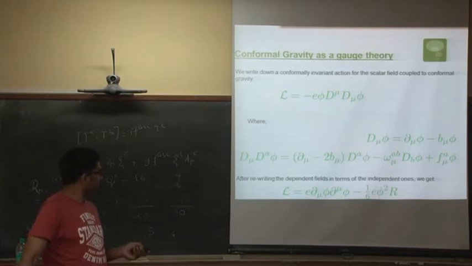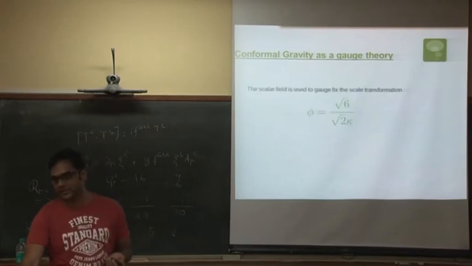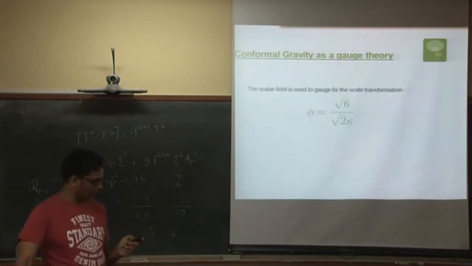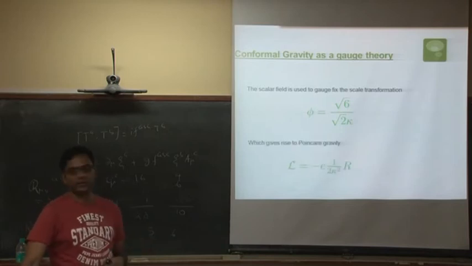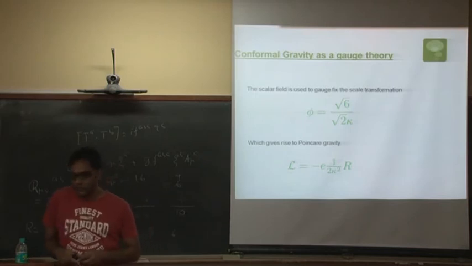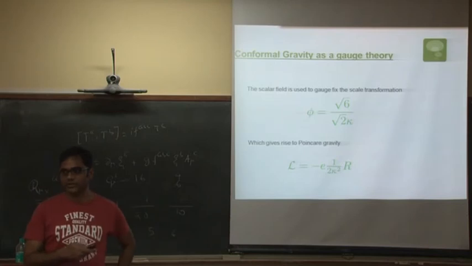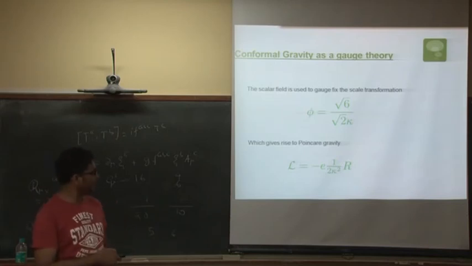And then we use this scalar field to gauge fix the scale transformation. And once you do that, then you get your Poincare gravity. So this is the procedure of obtaining Poincare gravity from conformal gravity.